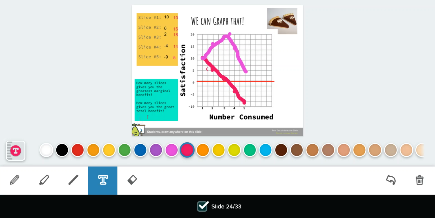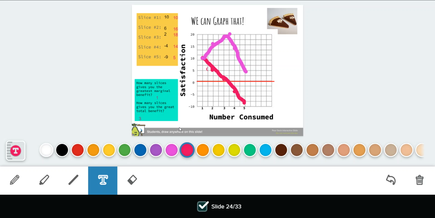How many slices gives us the greatest total benefit? 3 slices of pie. And the question above it, how many slices gives you the greatest marginal benefit? So that's just looking at where is our greatest increase, and it's the first one. We enjoyed it the most. We went from 0 pie, 0 enjoyment, to 10, so it would be the first slice.